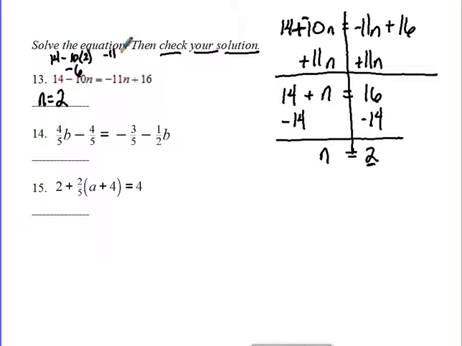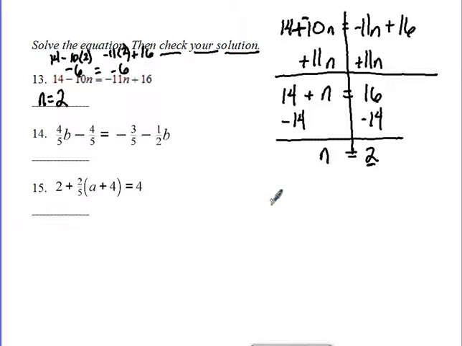Negative 11 times 2, well, that's negative 22, and then I'm going to add 16 to it. Negative 22 plus 16 is negative 6. It indeed does work. Negative 6 equals negative 6, therefore n is equal to 2 in this equation.